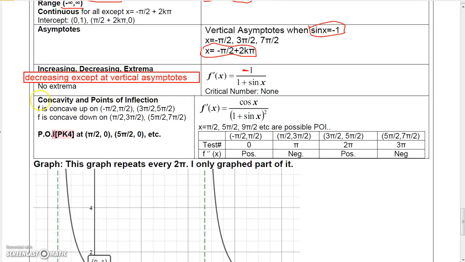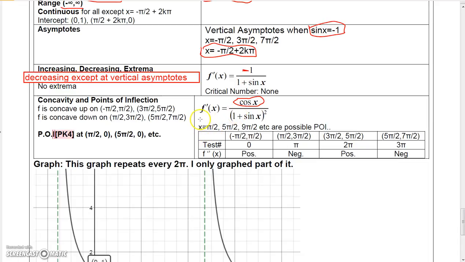Now, to find concavity, the second derivative is cosine x over 1 plus sine x quantity. So this second derivative is going to be equal to 0 when the cosine is 0.